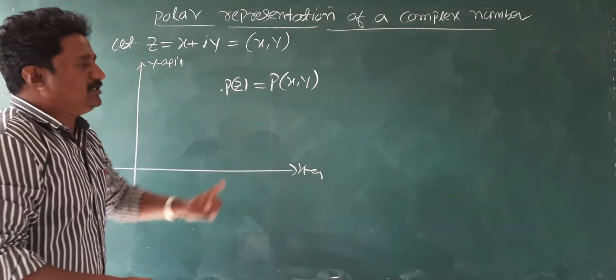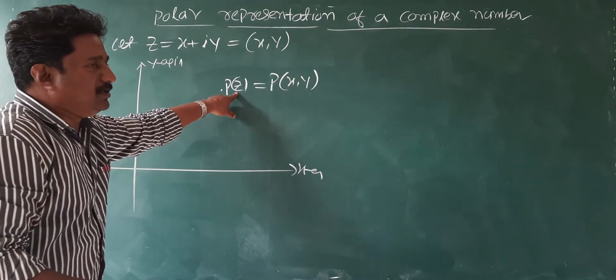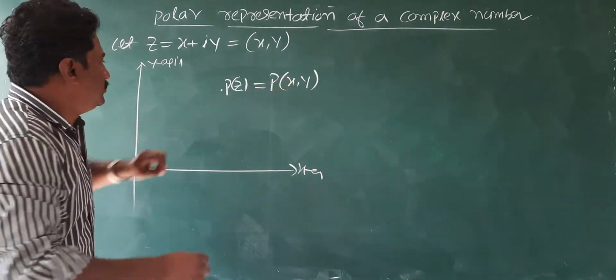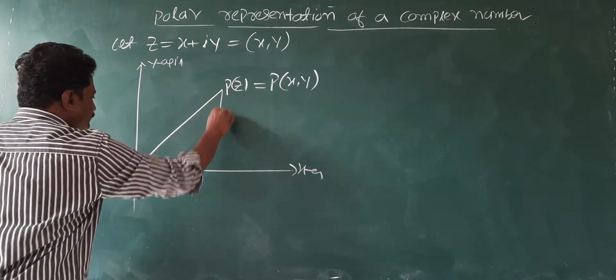So both the representations are correct. Point means complex number, means ordered pair. Now let us join that to the pole.